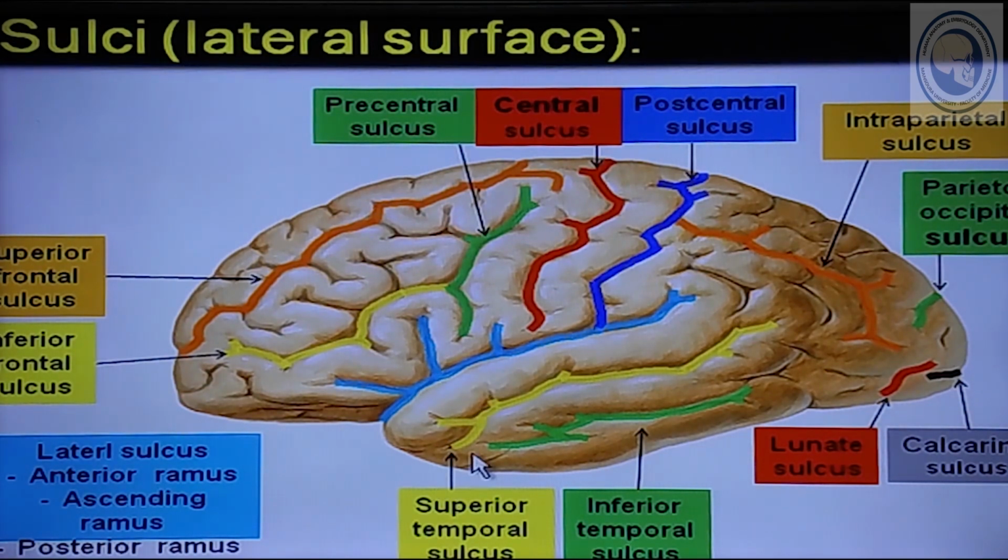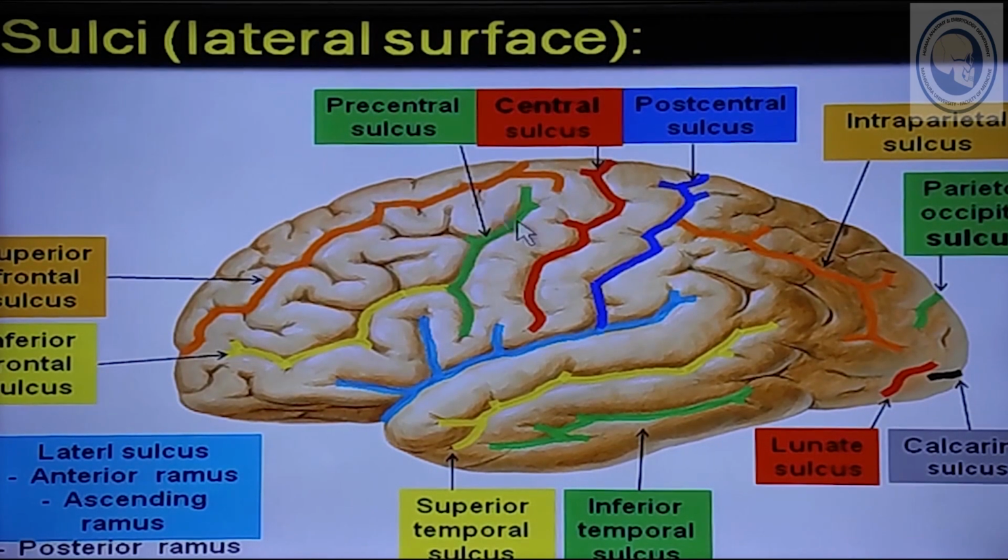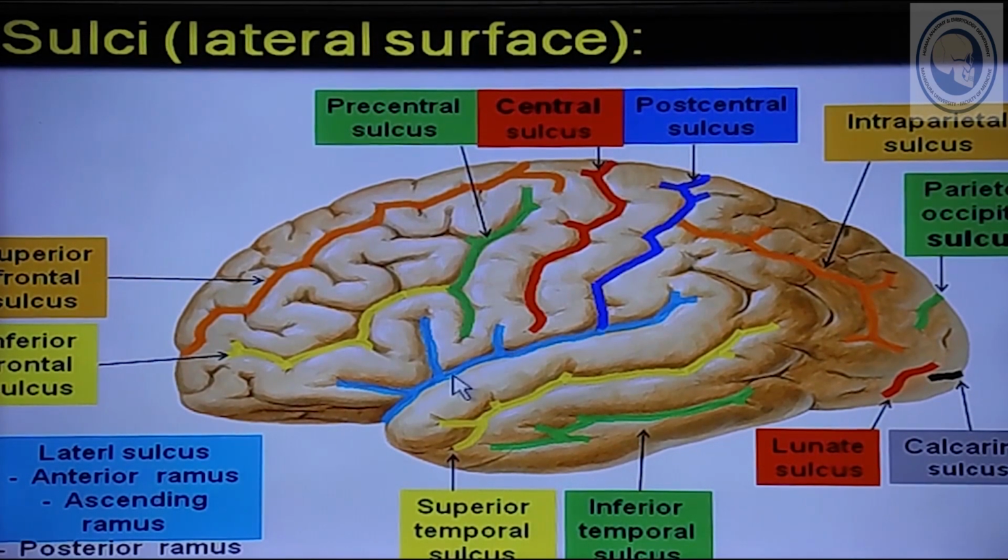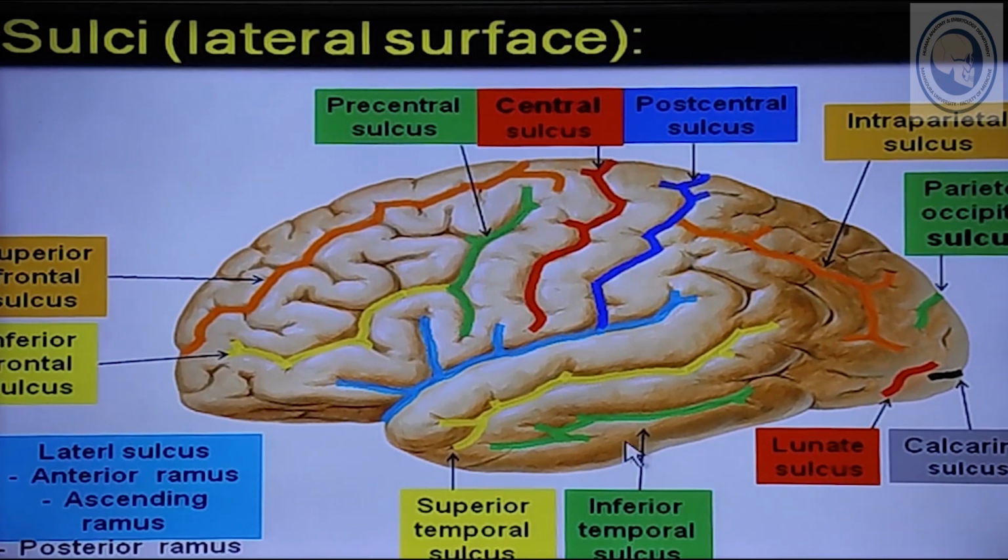So to remember sulci on the lateral surface, you can know that you have the central, and in front of it precentral, and behind it postcentral. So these are three. Also remember the three rami of the lateral sulcus. So these are three and those are three. Remember that you have superior and inferior frontal and superior and inferior temporal.